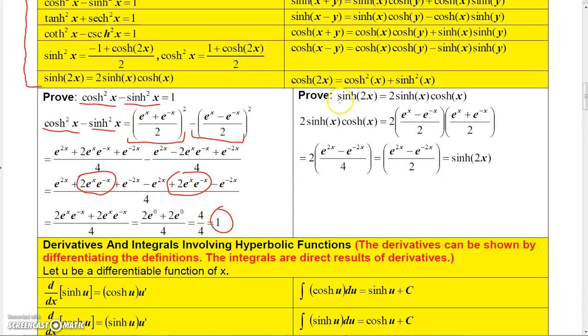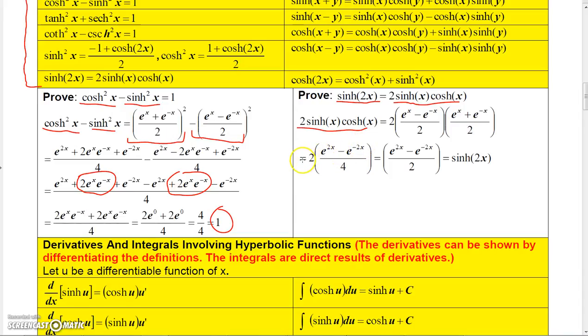And here's another one you can easily show. If you work from the right-hand side, you can say 2 times hyperbolic sine times hyperbolic cosine. And if you multiply those together, you're going to get 2 over 4. And then these are difference of squares, so you're going to get e to the 2x minus e to the minus 2x.